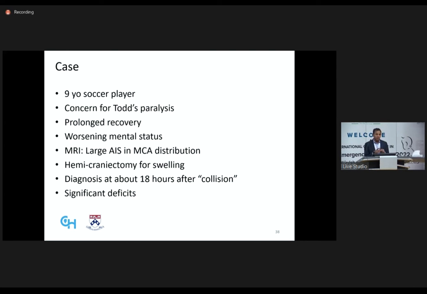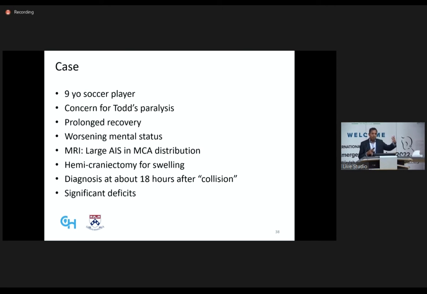So you can see how sometimes, just based on how you start thinking about the condition, when he was referred, it was framed as a Todd's palsy, TBI, or just related to a seizure disorder.